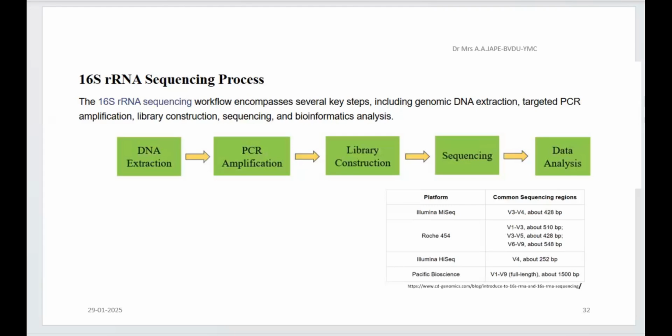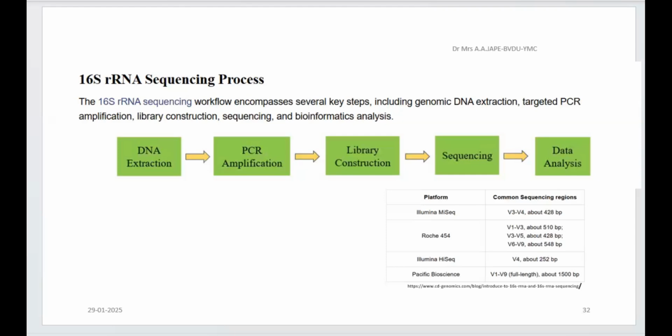We have to talk about these one after the other, but in the slide you also see one more factor, that is the different platforms that are used for sequencing the regions of 16S rRNA. As we have seen, V1 to V9, right? So the Illumina MiSeq is for sequencing, which is commonly utilized for V3 and V4.